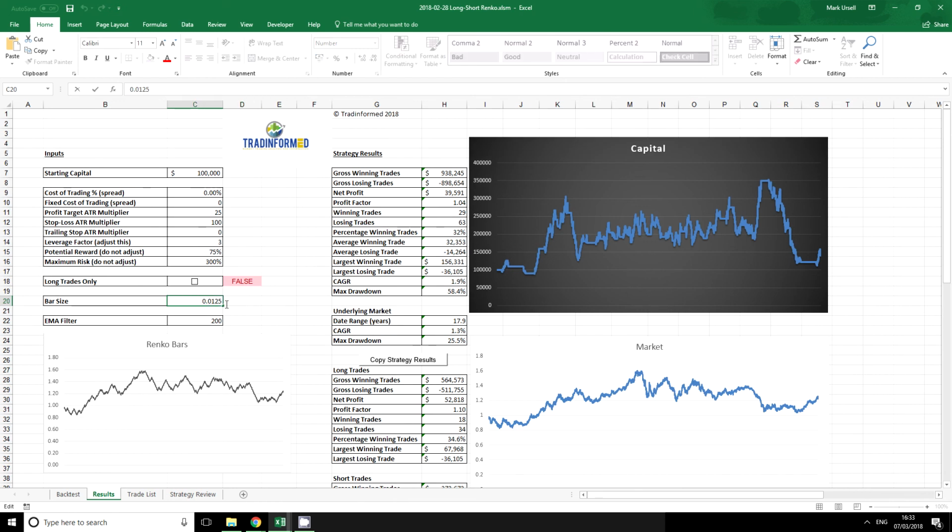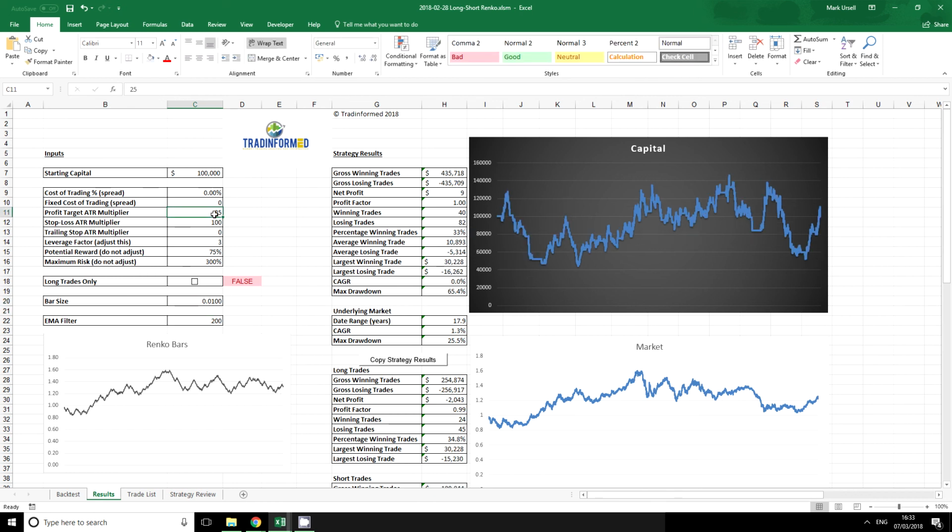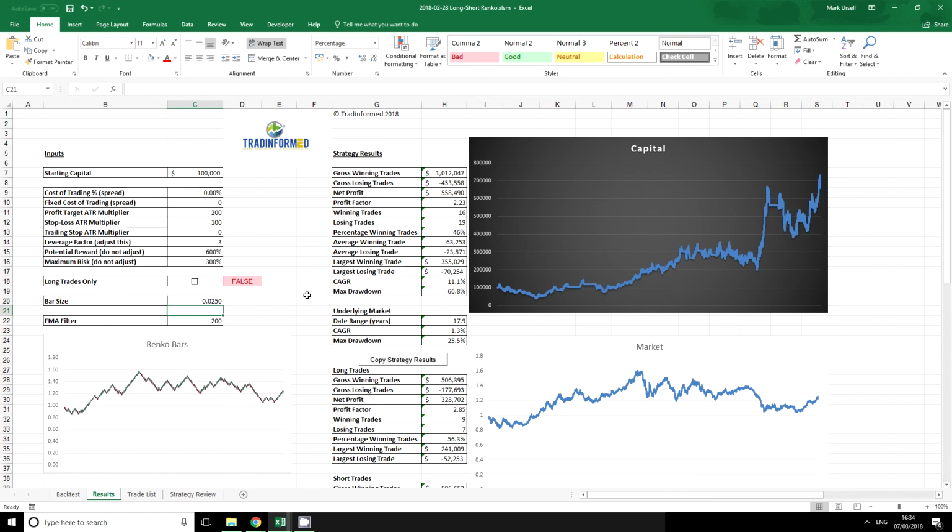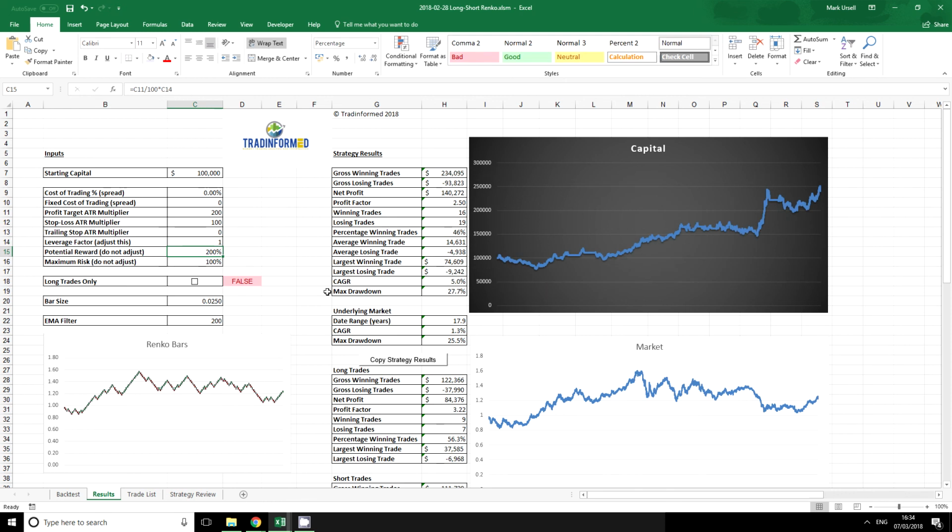And we can again try different levels of bar size and see what is appropriate for the market that we're trading. So try here 250 pips. And we can see we get something a bit more reasonable. I'm going to reduce the leverage factor back down to 1:1. And we can see we can get a strategy that over a long period of time has performed pretty well.